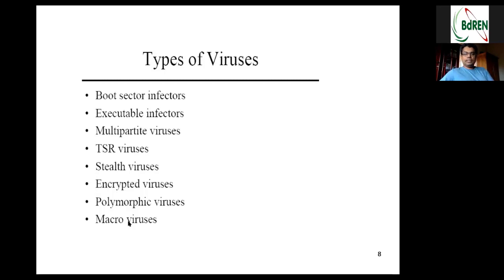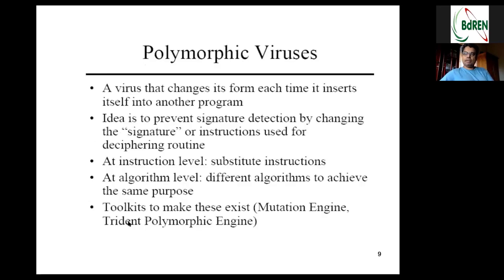Let's discuss the polymorphic virus in a little more detail. Usually viruses contain some malicious code, as you know. If it infects one program and then infects another program with the same virus code, or what we call the payload, that program may contain the same payload.